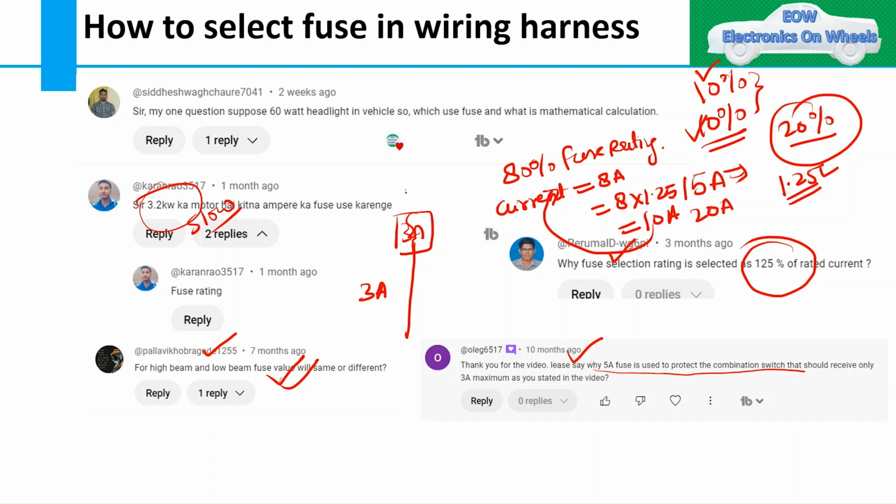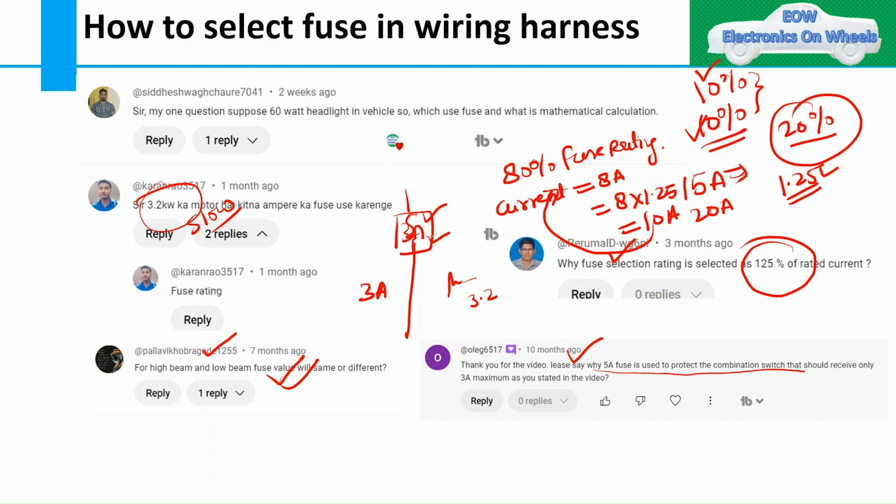So what will happen when you are starting your vehicle, or your component is on for the first time? There would always be some transient current or peak current, and suppose it goes beyond 3.2 amps for a few milliseconds, or 1 second or 2 seconds. What will happen? That fuse will be blown, right?